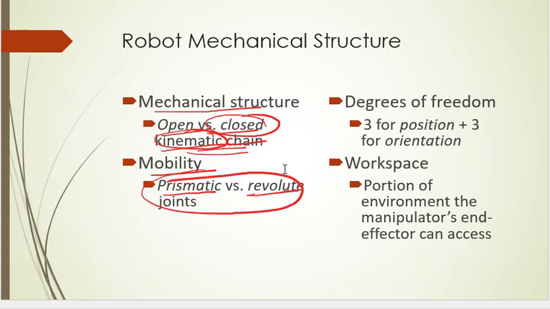Which type of joint or mobility do we expect, prismatic or revolute, and how much angle and displacement will we get? Also the degrees of freedom, how many joints, positions or orientations we need, and the workspace: which place that robot will be used in is also an important part.